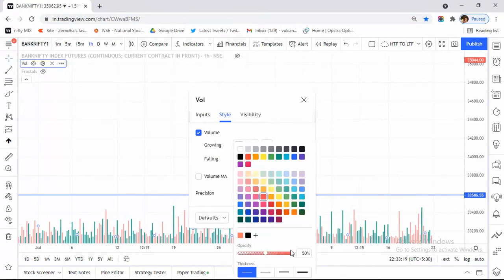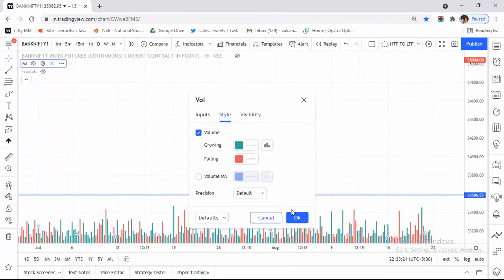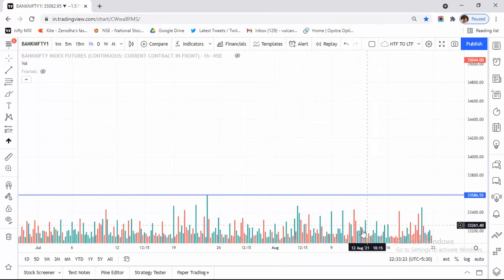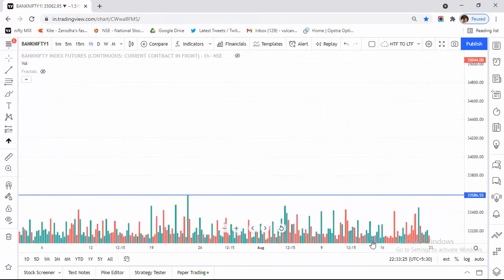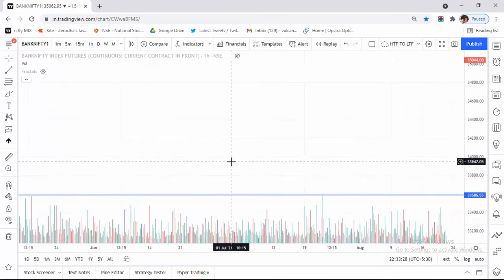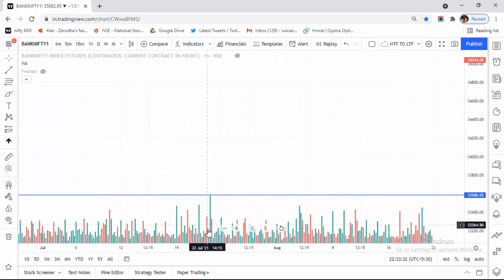Okay. Now, when I consider my 3-month range, I see this volume bar.